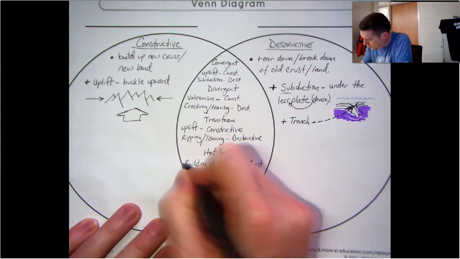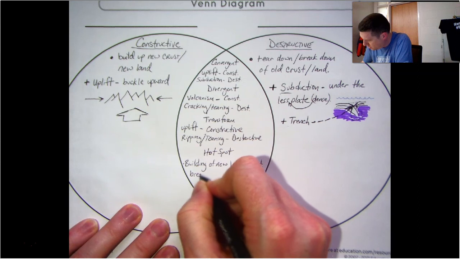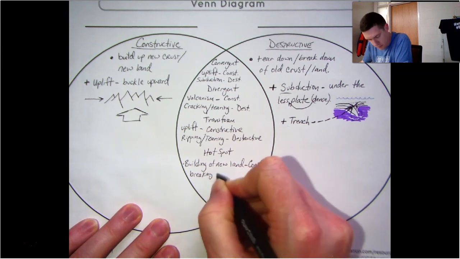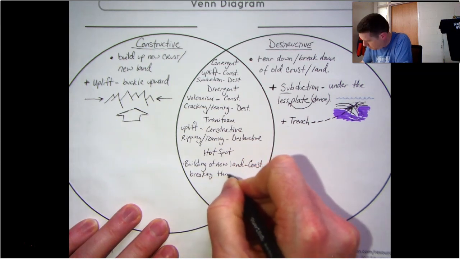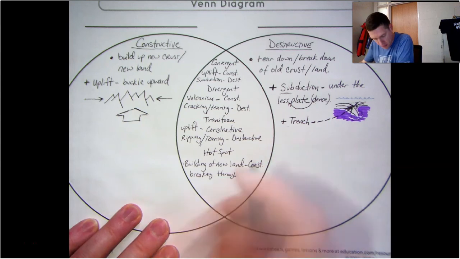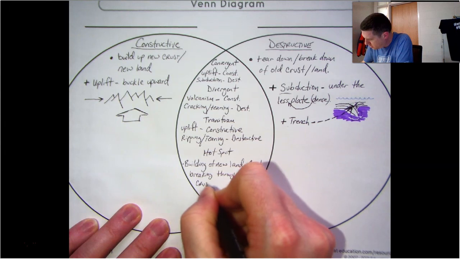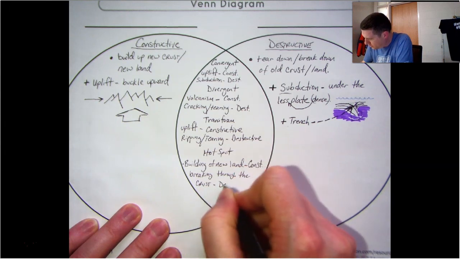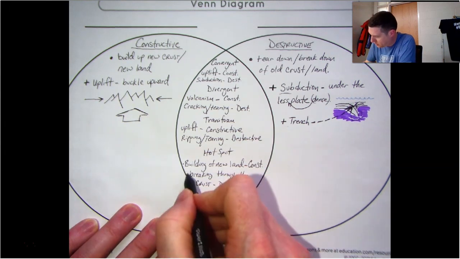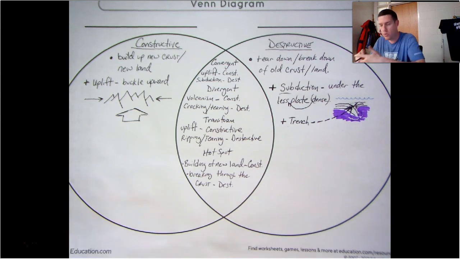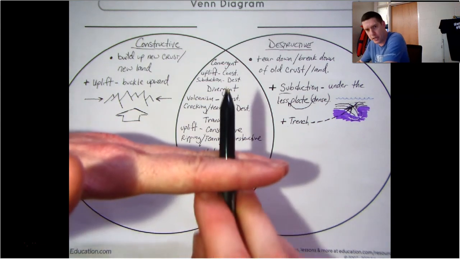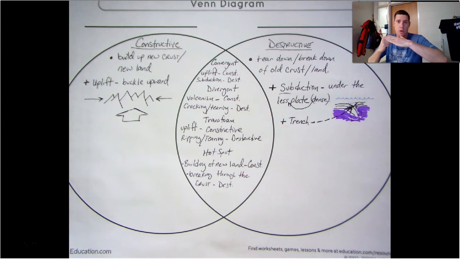So the breaking through the crust, that is definitely destructive. You can't have this island or this volcano being built without first breaking through that, punching a hole through that crust and getting that volcanism going.